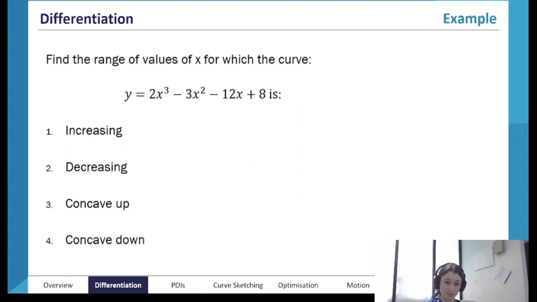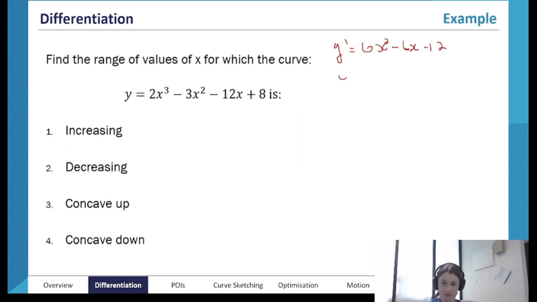So what tells us if a curve is increasing or decreasing is, remember, the first derivative. So we're going to find the first derivative over here. So we're going to have 6x squared, take 6x, take 12. And then what tells us if a curve is concave up or concave down is the second derivative.